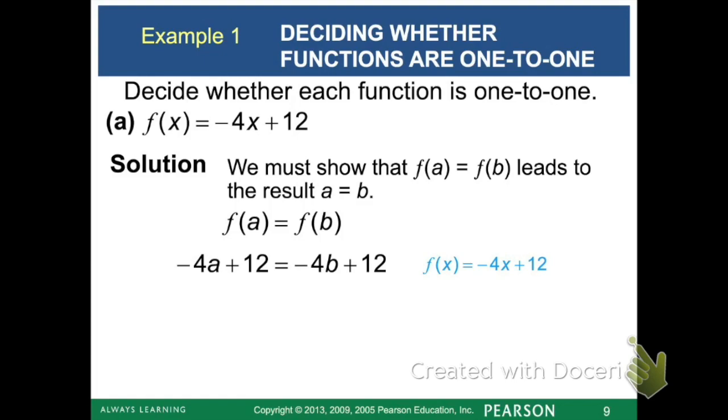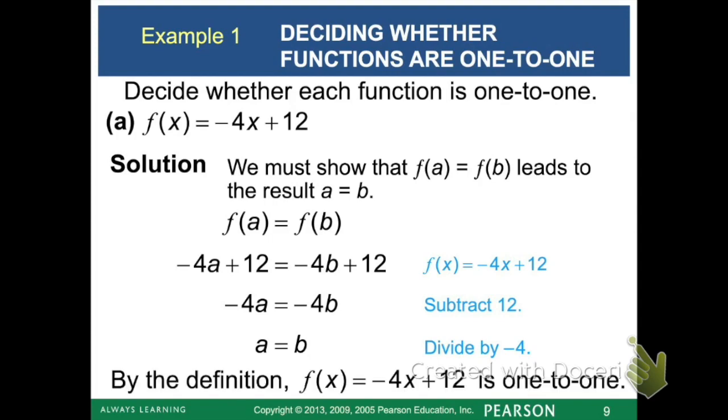On the left side, instead of putting in an x value, I'm going to plug in a, and on the right side, instead of putting in x, I'm going to plug in b. Now I'm going to subtract 12 from both sides and divide by negative 4. I end up with a equals b. So by the definition that we just applied, f of x is a one-to-one function.